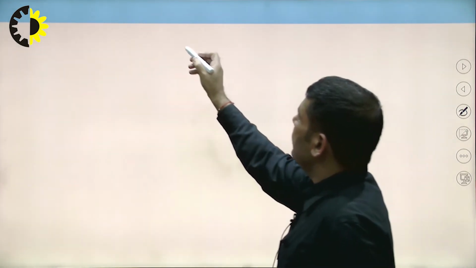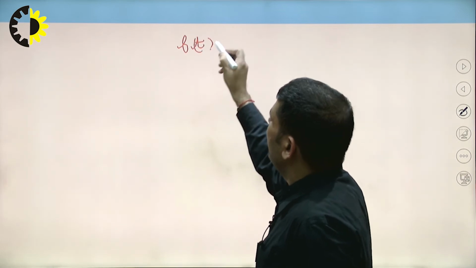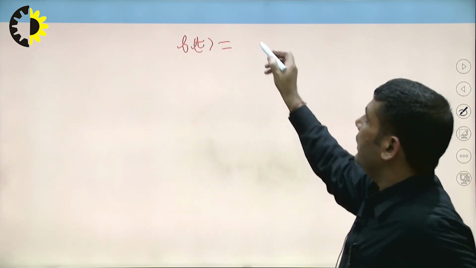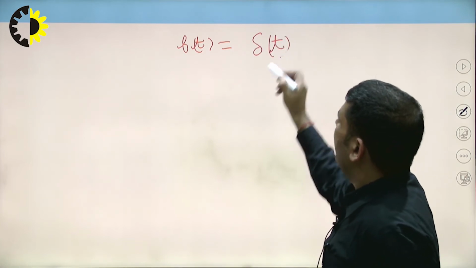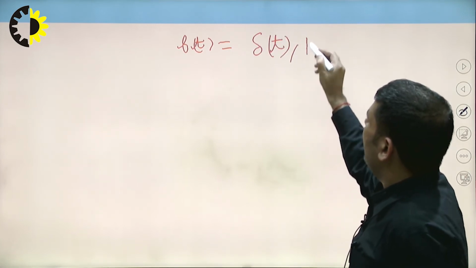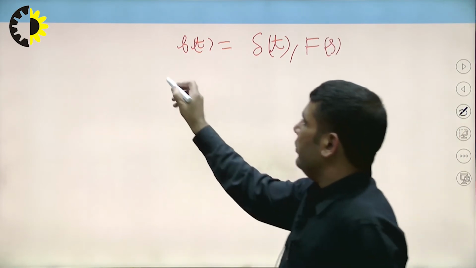So let us discuss one more example. Suppose you have f(t) equal to the impulse signal, that is del t. The question is to find the Laplace transform F(s). So we will solve it out.